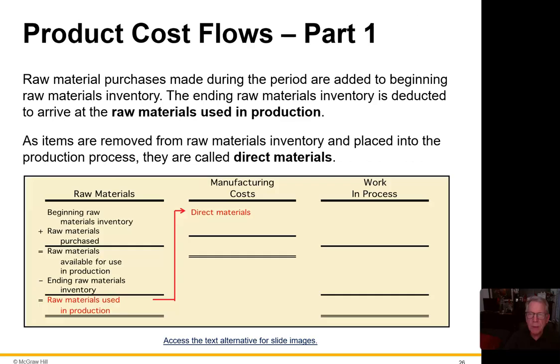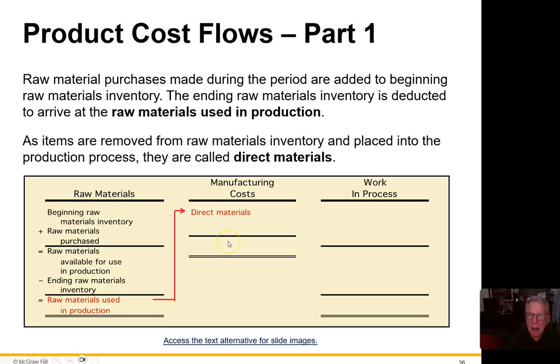So let's look at that. Here is our raw materials inventory. So we start with beginning inventory, we add our purchases, that gives us raw materials available for use in production. We back out ending inventory, and that tells us how much actually moved into manufacturing work in process inventory.